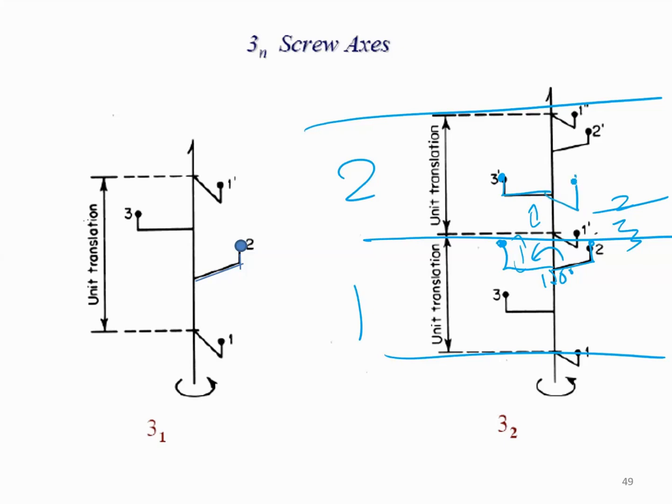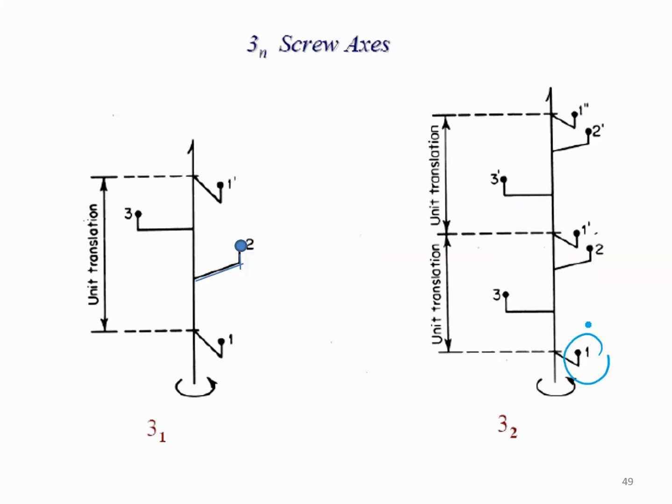So you will come to here, 120 degrees, then come to this point. So from this point, I will translate by 1/3, 2/3, and come to this point. Okay. So I will have 1, 2, 3, and 1. So this point is equivalent to this point, right?